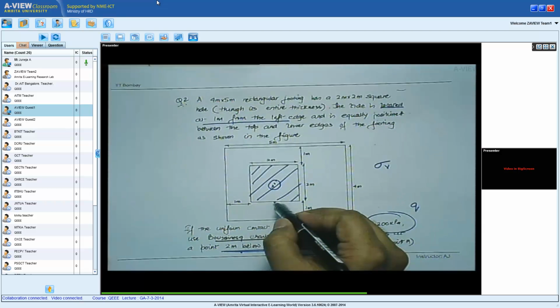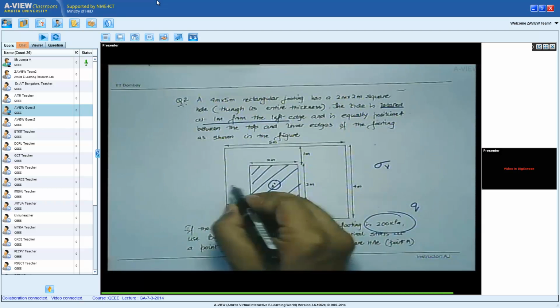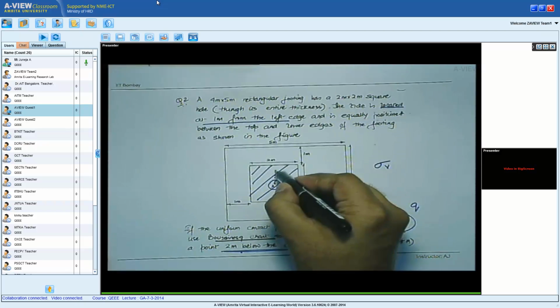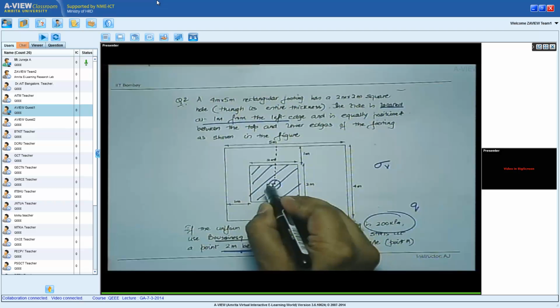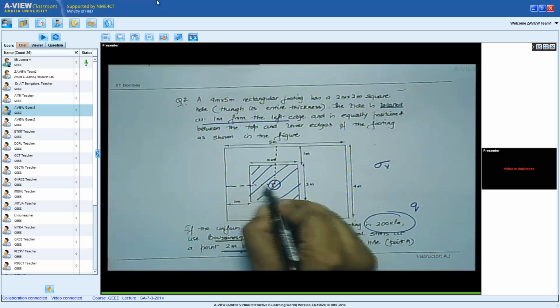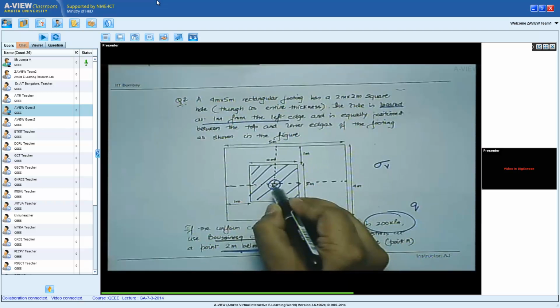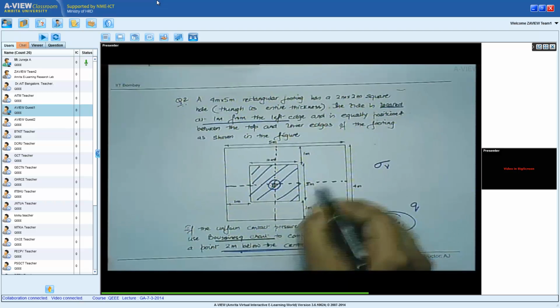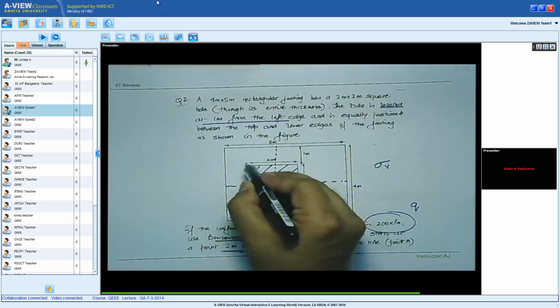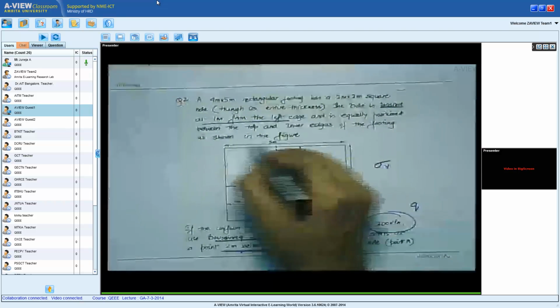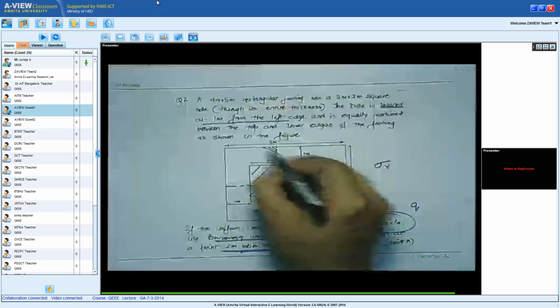So it will be easy to understand if I divide this footing into parts. If that is the point, I'm going to divide this into four parts: one here, a second here, a third here, and a fourth here. Let me call this the first part and shade this region.